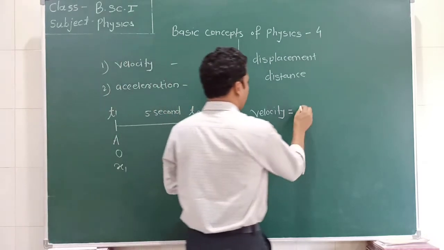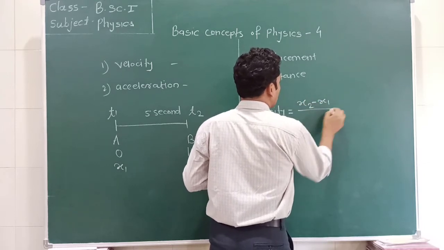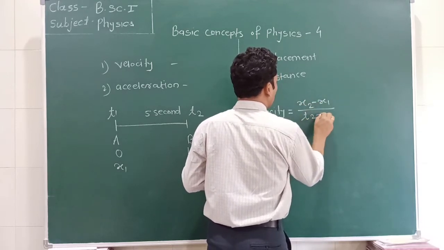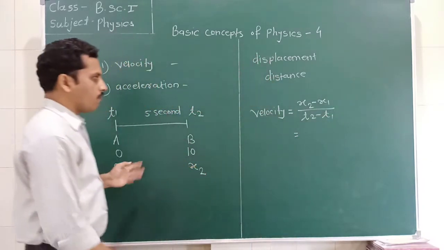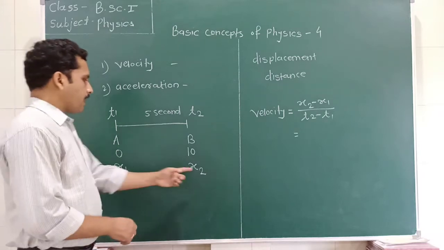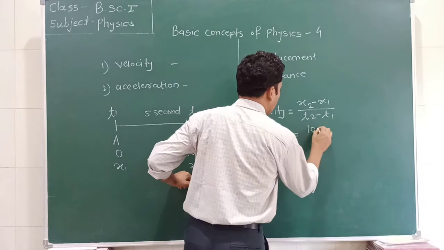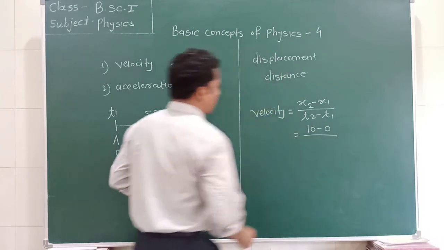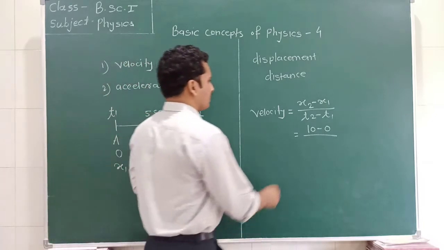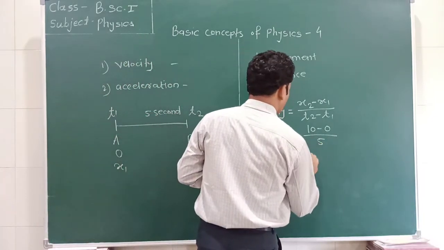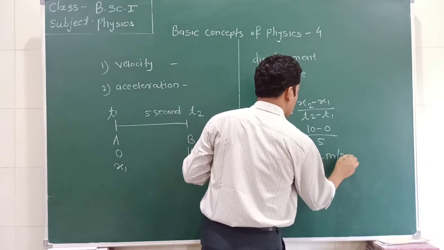Therefore, velocity can be calculated as x2 minus x1 divided by t2 minus t1. Here x2 is equal to 10, so we can write 10 minus 0 divided by 5 seconds, which is equal to 2 meter per second.